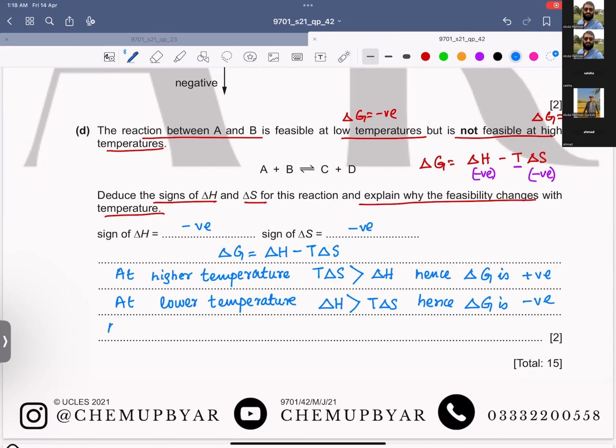So we can conclude that as the temperature increases, the Gibbs free energy gets more positive.